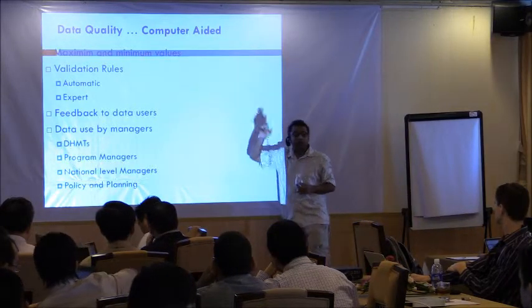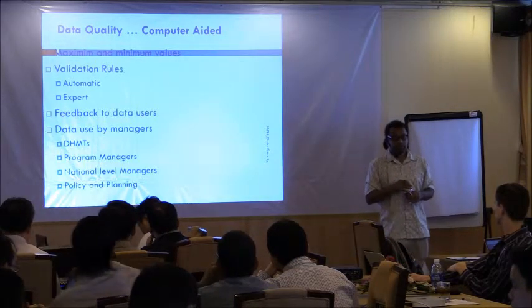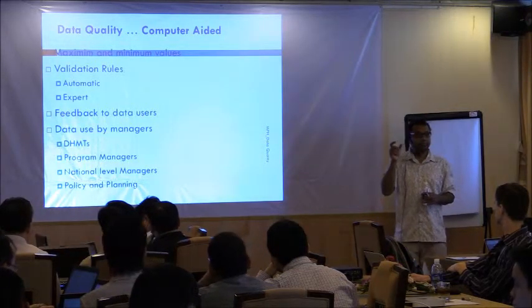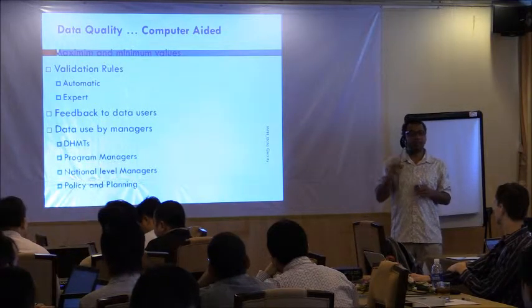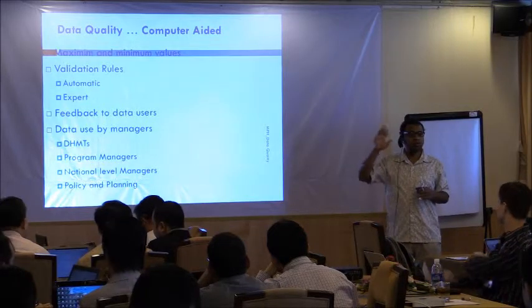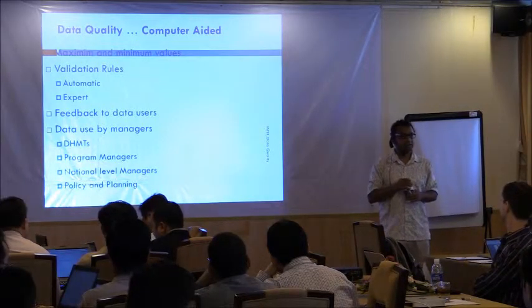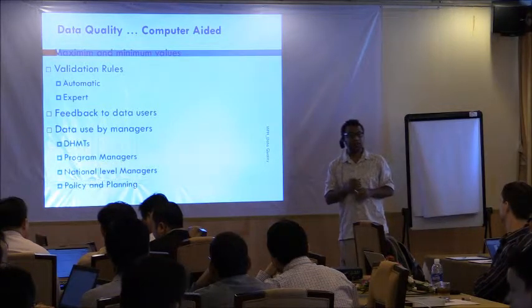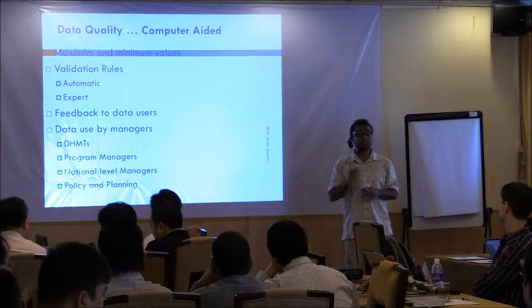Validation rules are two types, expert and absolute. For example, you have total delivery. Let's say this is for IT people. Okay? So only IT people will say. If total delivery is 100, live birth, can it be 100? Yes?